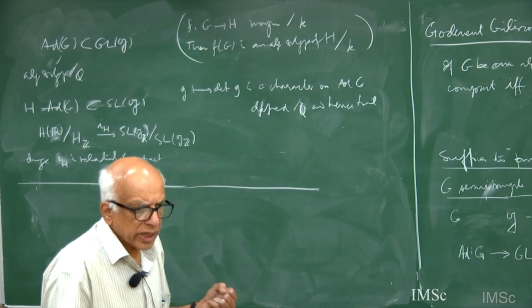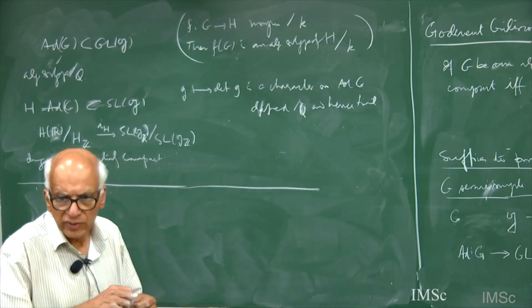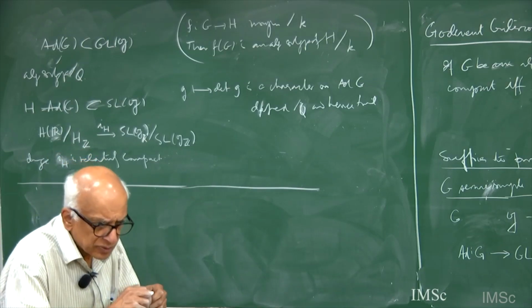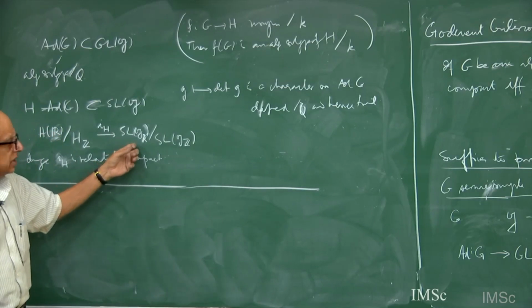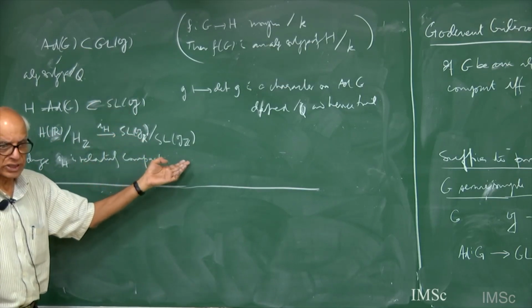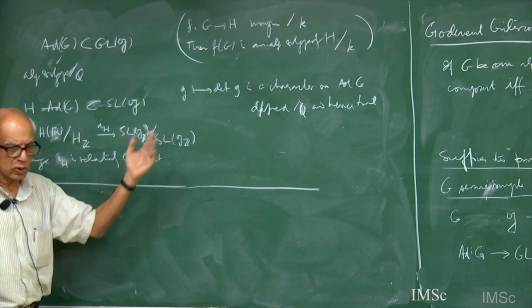We proved a criterion for relative compactness, a criterion for a sequence going off to infinity mod SL(n, R) by SL(n, Z). We gave a criterion for this to go to compact. What is the condition?